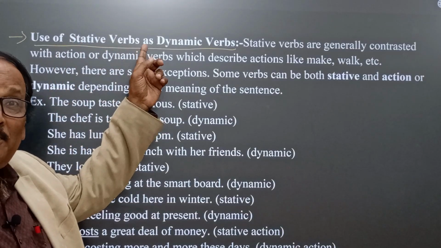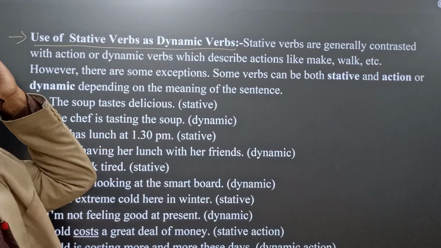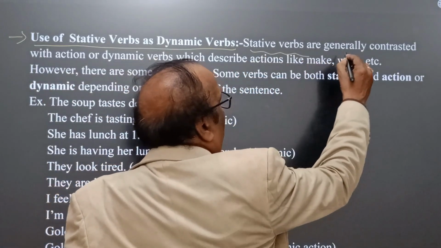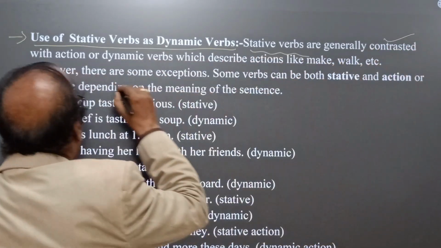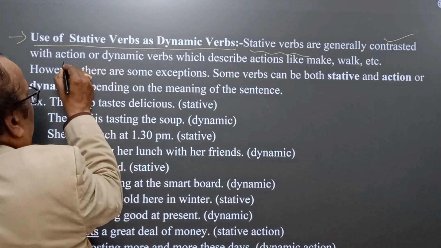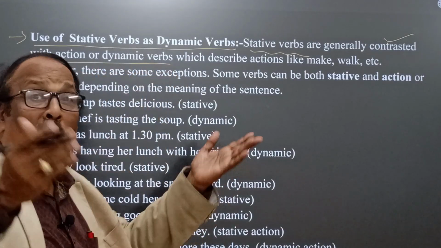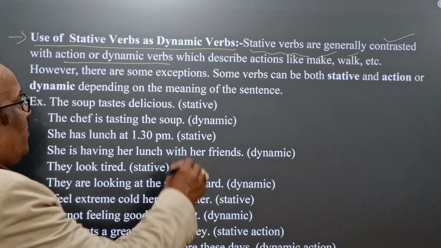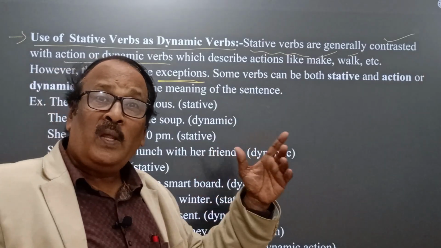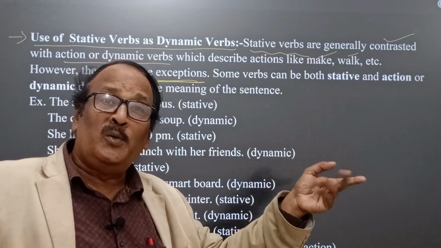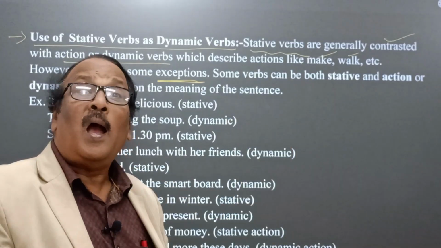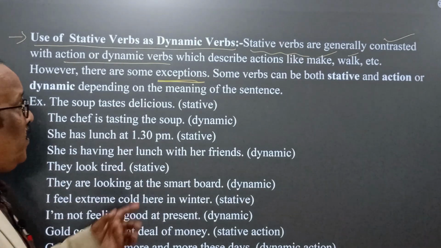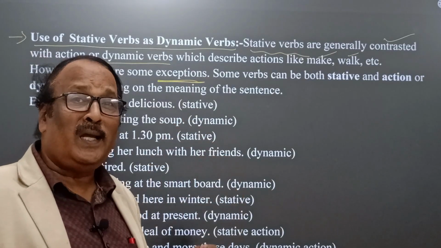Use of stative verbs as dynamic verbs. Here we find stative verbs are generally contrasted with the action or dynamic verbs as we have already discussed. However, there are some exceptions. It means some stative verbs are used in indefinite as well as in progressive aspect, depending upon the meaning of the sentence.